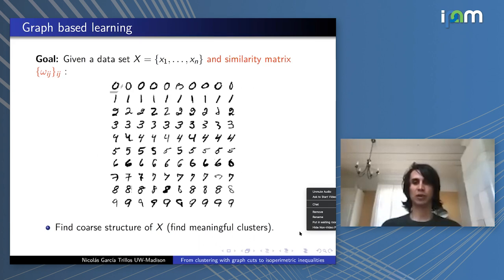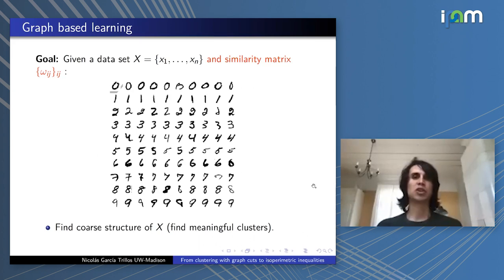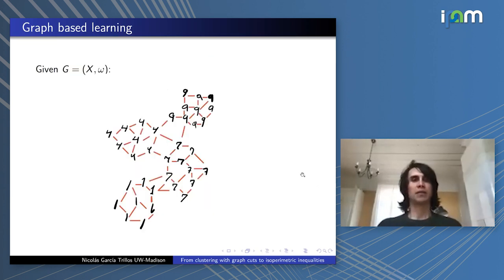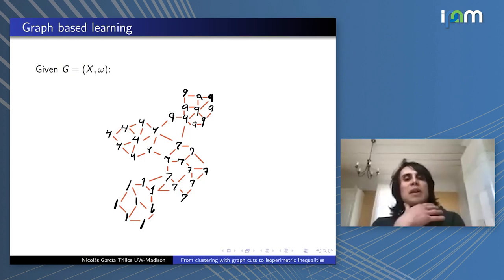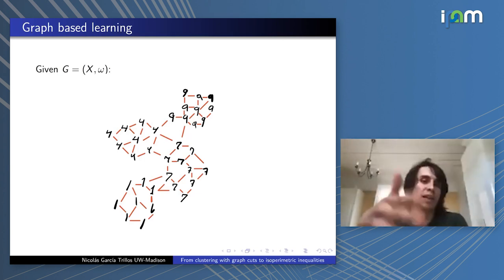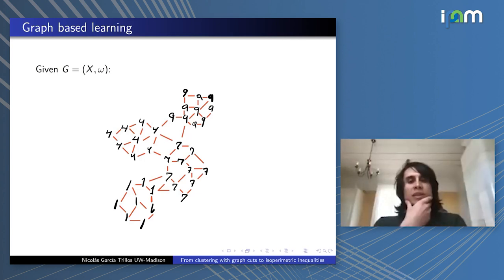Okay, so what are some of the things that you can do with this graph? Once you endow data sets with geometry, one of the things that you can do is define functionals that will help in the task of finding these clusters. In the case of MNIST, you have a graph that connects the data points in the way that is described in this picture.